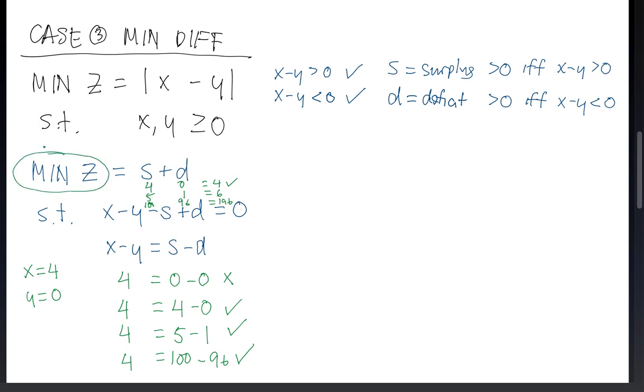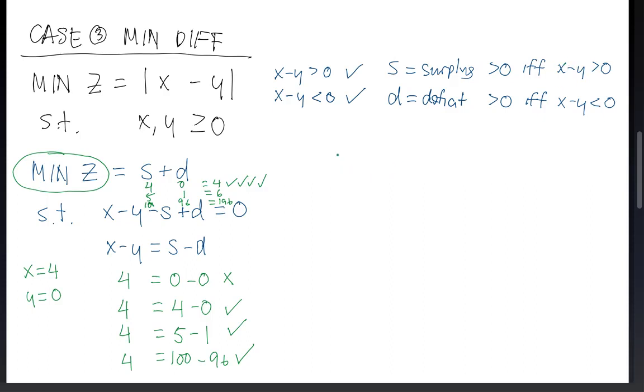So in this case, what will our linear program always choose? 4, 6, or 196? It will choose 4. And here we see that s is non-zero, but d is 0. X minus y is positive, so that fulfills what we defined earlier as s, or the surplus, being greater than 0 if and only if x minus y is greater than 0.